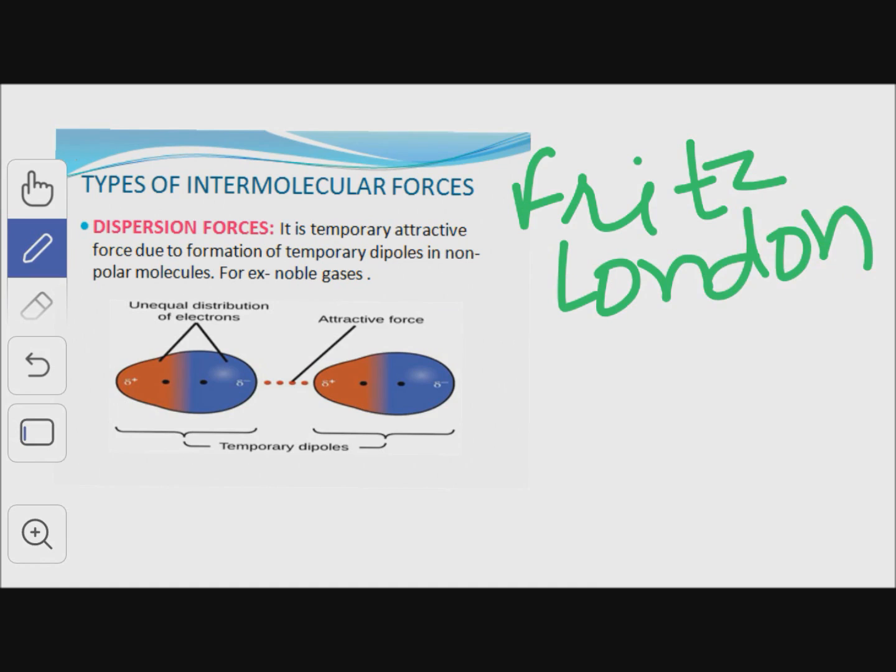And after the name of Fritz London, these forces are called London forces or dispersion forces. It is a temporary attractive force due to the formation of temporary dipoles or instantaneous dipoles, or momentary dipoles, in nonpolar molecules. These dipoles are short lived, for a short time.